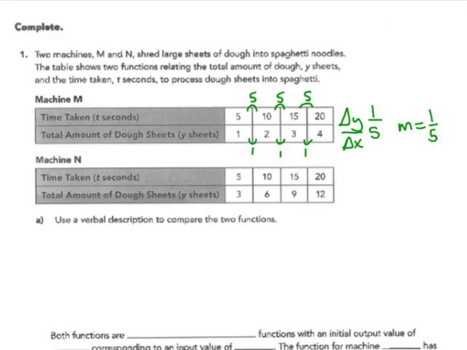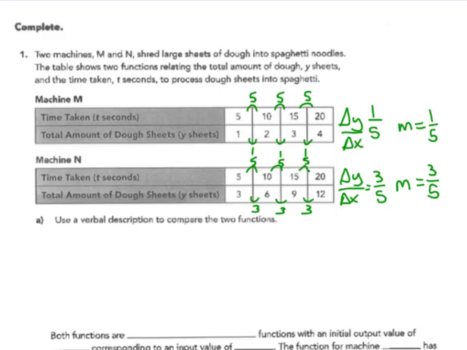And it looks like in N, we're going up by 3's on the y value, and we are going up by 5's on the x. So delta y over delta x here is 3 over 5. So m equals 3/5. So a greater rate of change here with machine N.